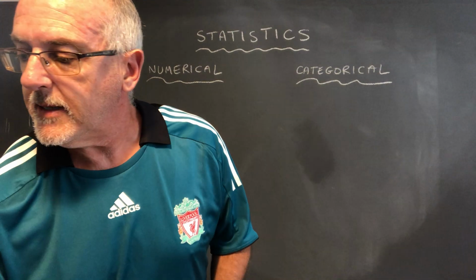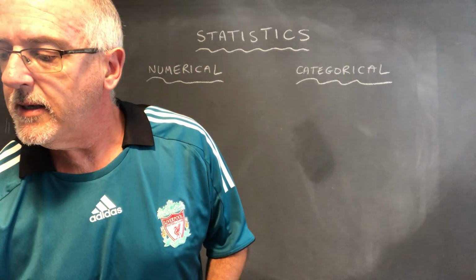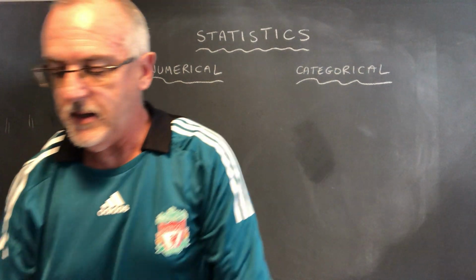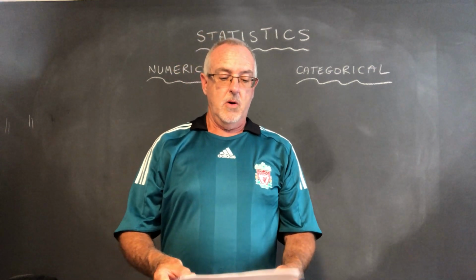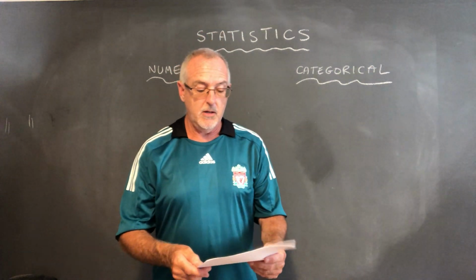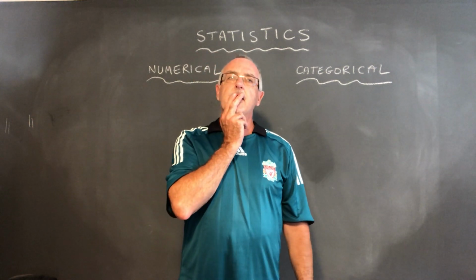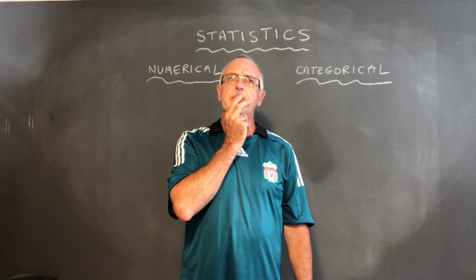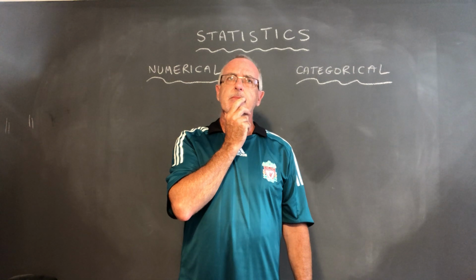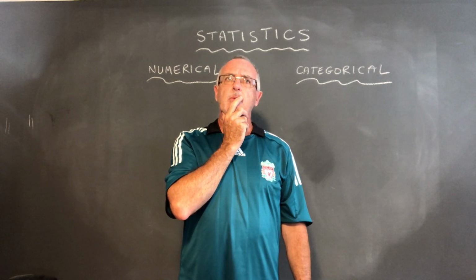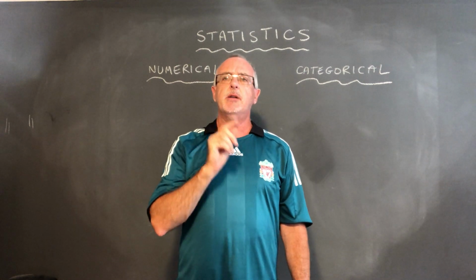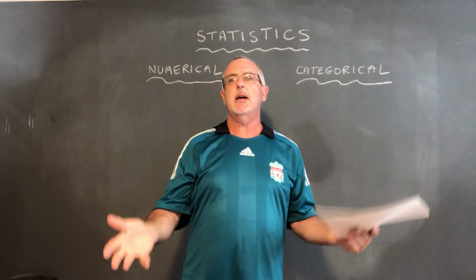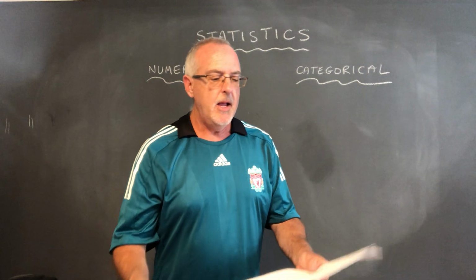Let's look at some examples. I have some examples here. Okay, so we already talked about favorite color. We find out how many pets each of the students in a class has.